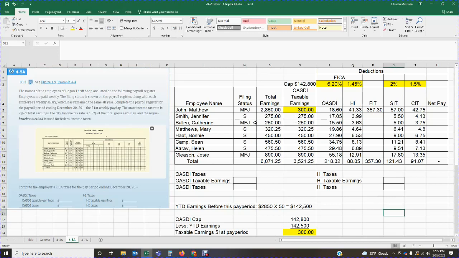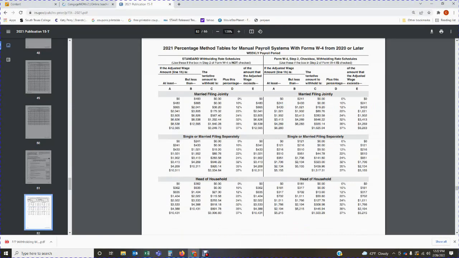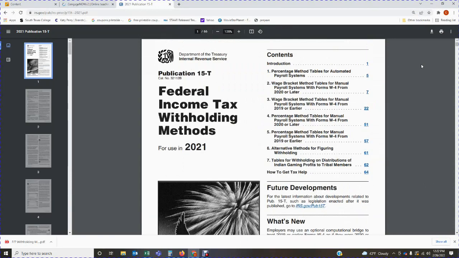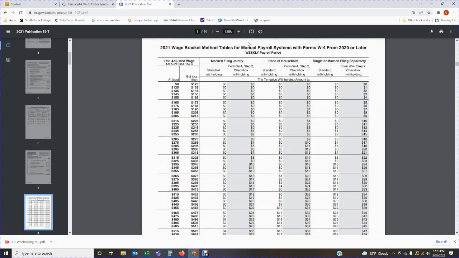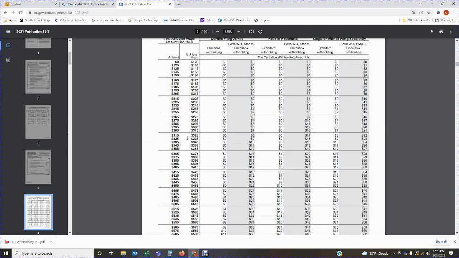So let's look at Jennifer Smith. Jennifer Smith earned $275 and is single. So let's go back to my wage bracket tables. Remember, we're looking at the weekly tables. This employee made $275. So let's look at the $275 right here.